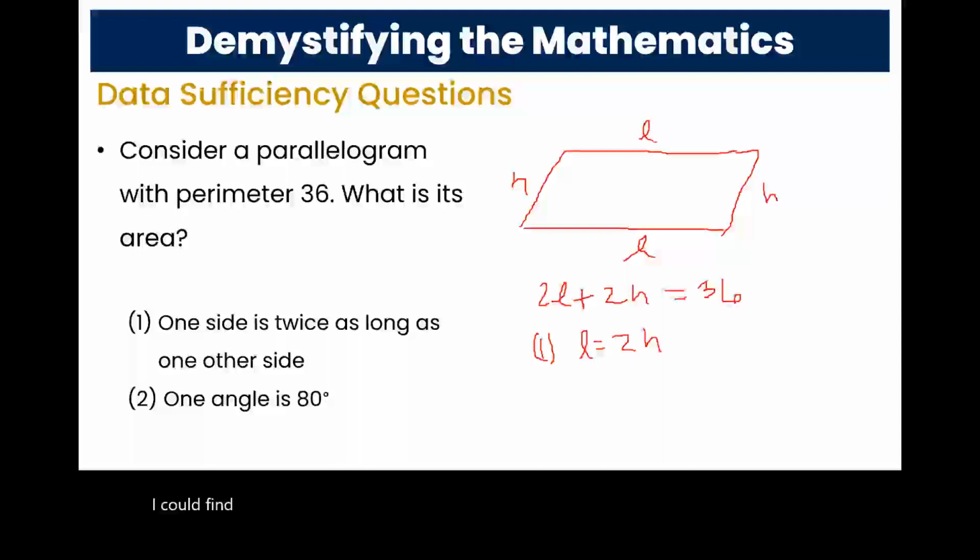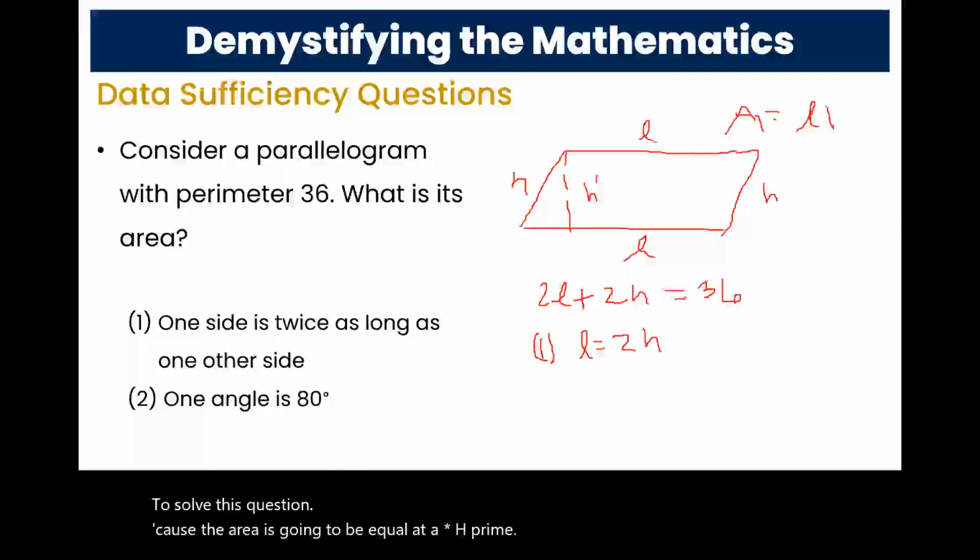I could find L and H. Is that a sufficient amount of information to find H prime here, which is what I would need to solve this question? Because the area is going to be equal to L times H prime. That is the worst drawing ever. So knowing L and H, would I be able to find H prime?